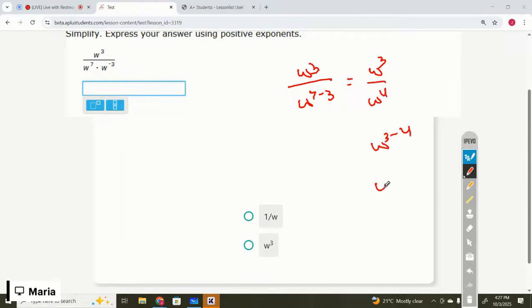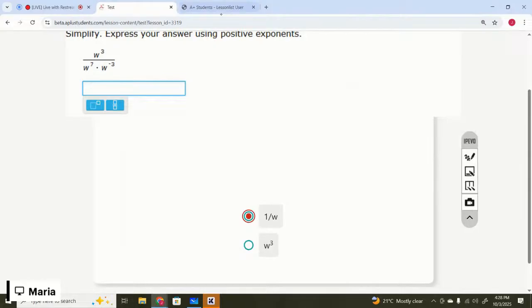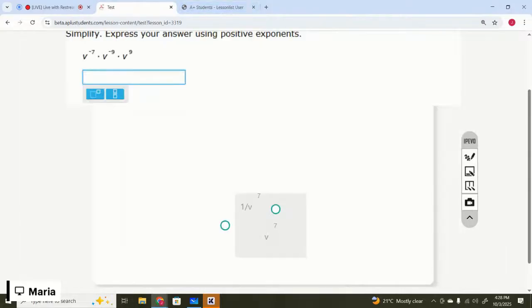So W3 minus 4 is W exponent negative 1, that is 1 over W. Option number 1 is the correct option, 1 by W it is.